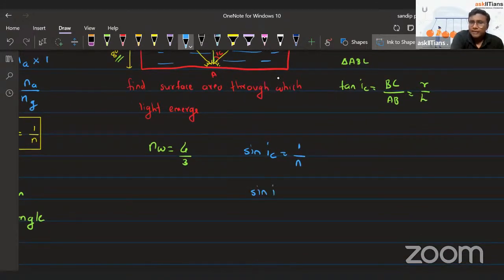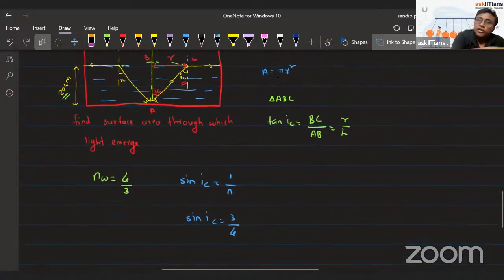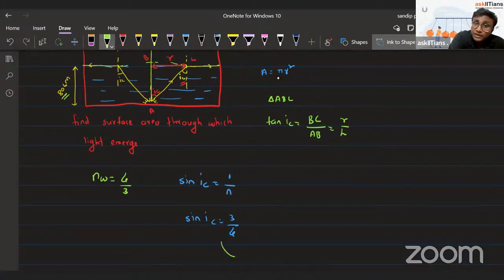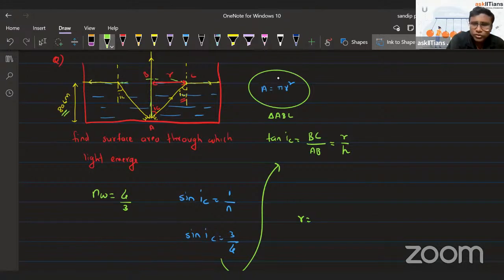So sin IC will become 3/4. If sin IC is 3/4, now your job is to find tan IC, substitute it here, with H as 80 centimeter, and find the value of R. Shall we try this question? Tell me the answer of R. You don't have to calculate the area; I know you can easily do that. Just give me the answer for R.